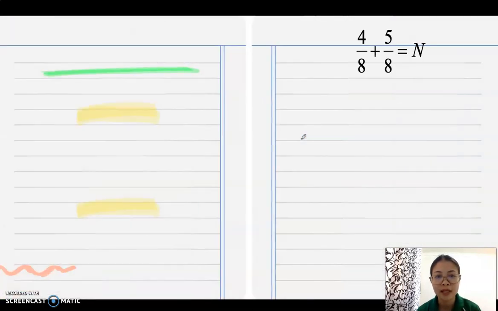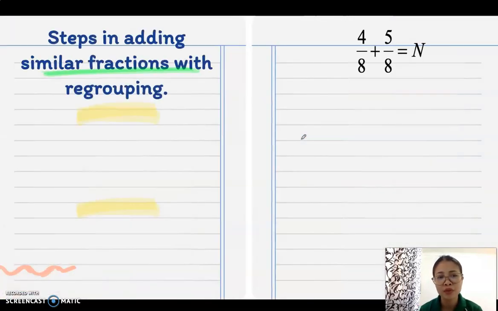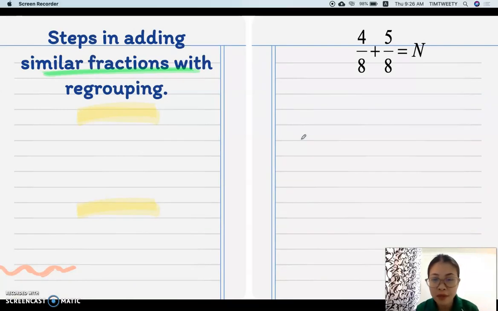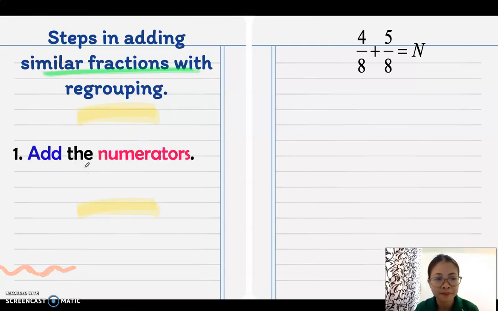Next, how are you going to add similar fractions with regrouping? Regrouping means to rearrange groups in place value to carry out an operation. Here are the steps. First, you add the numerators. This is easy since they are similar fractions. So 4 plus 5 is 9.